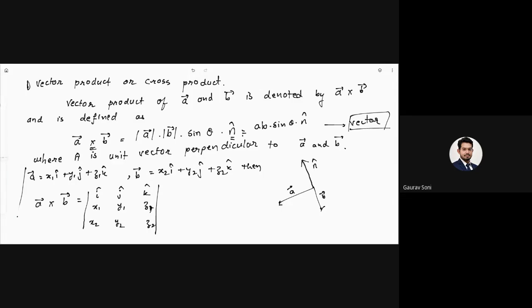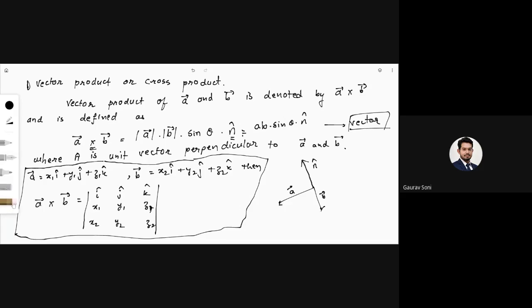Again, I'm making a square added to your list of formulas. How do you multiply two vectors? I mean, how do you take the cross product of two vectors is like this.